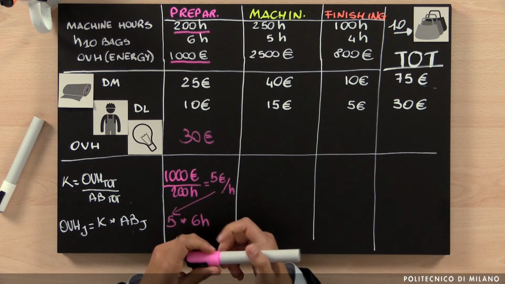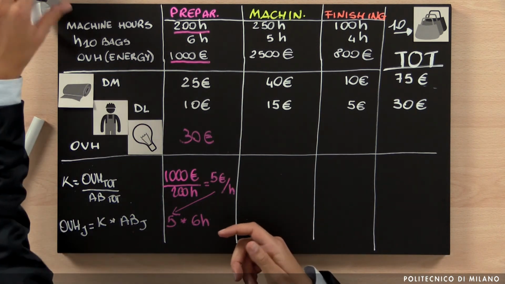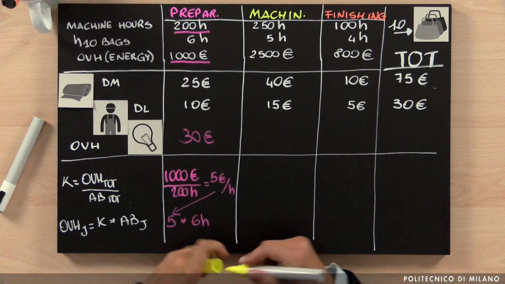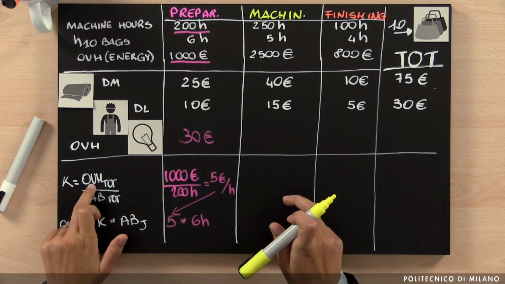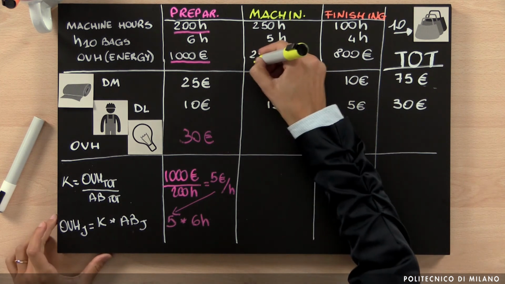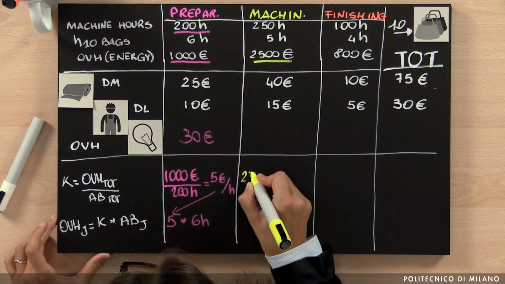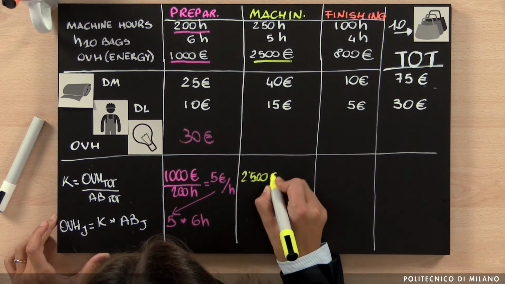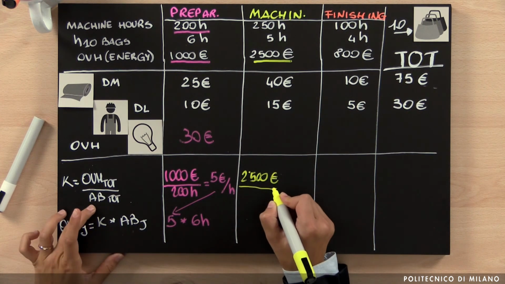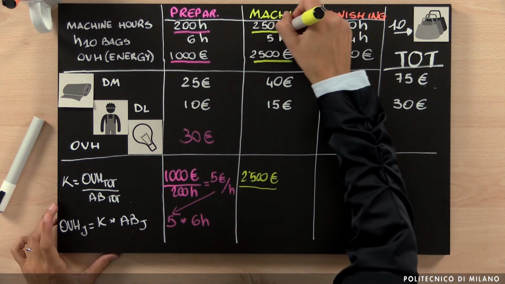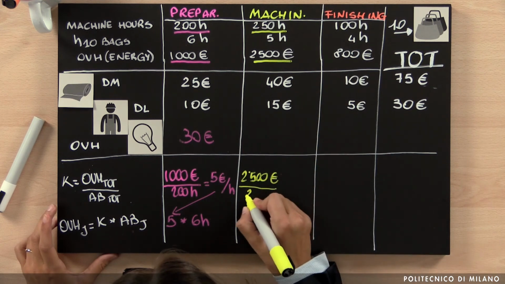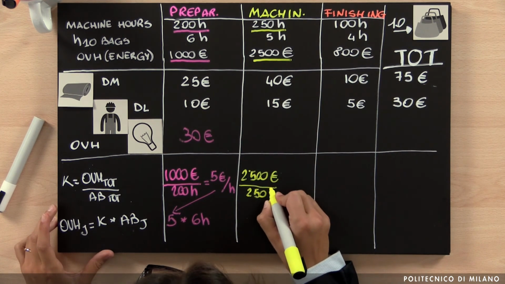We need to do the same for the other 2 departments. So what's the value within the machining department? Again, we need to divide the total overhead, 2,500 euros, divided by the total allocation basis. And we know that in total we are using the machine within the machining department for 250 hours.